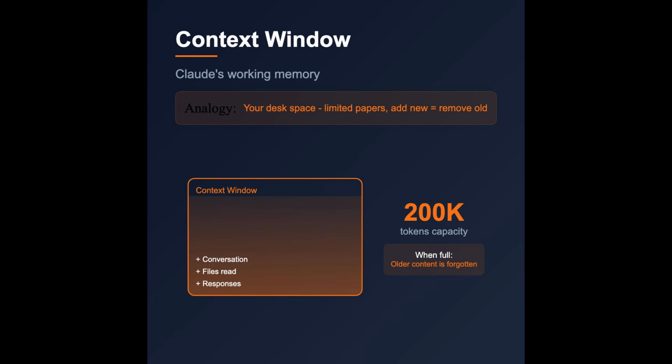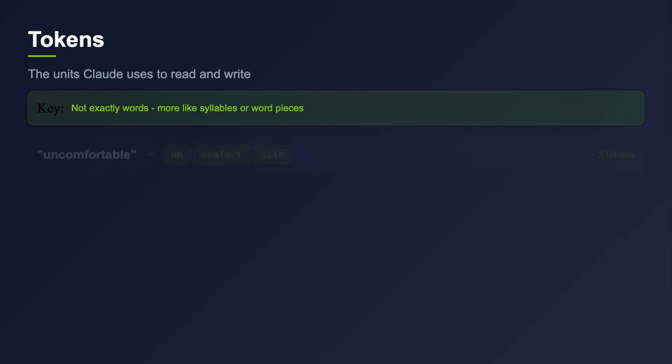More context means Claude remembers more of your conversation and project details, but there's a limit. When you hit that limit, Claude has to start forgetting earlier parts. This is why long sessions sometimes lose track of earlier instructions. Understanding context helps you work more effectively with Claude.